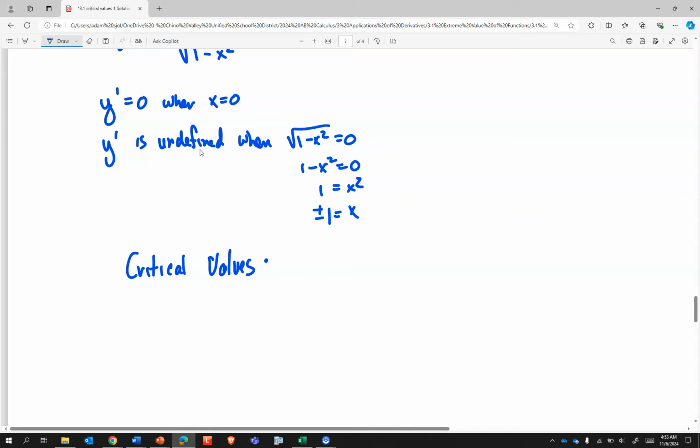Well, everything was all jumbled together, so maybe we'll write out in this case our critical values at the end.